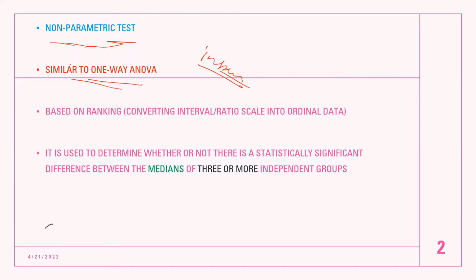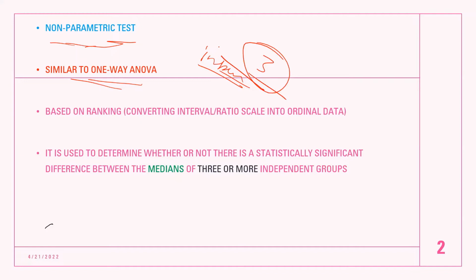We basically use one-way ANOVA in situations when there are more than two groups. So here also in the Kruskal-Wallis test, we will use this particular test when in our data set we are talking about more than two samples, or more than three different groups.